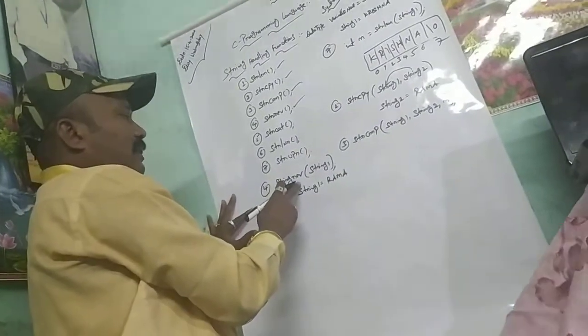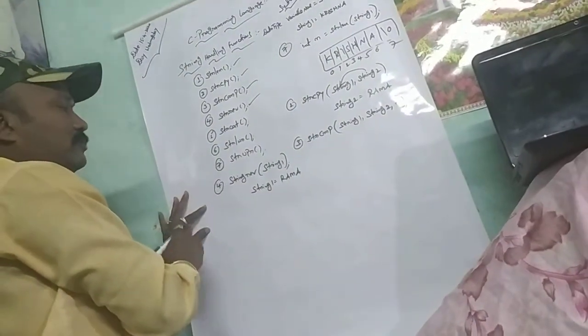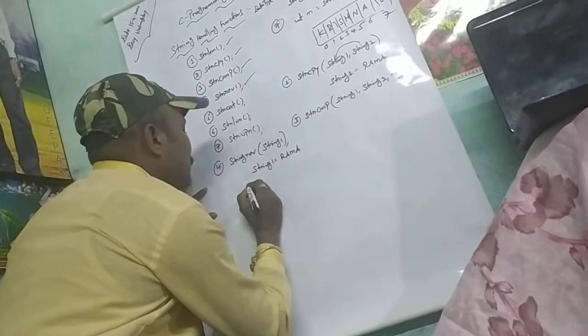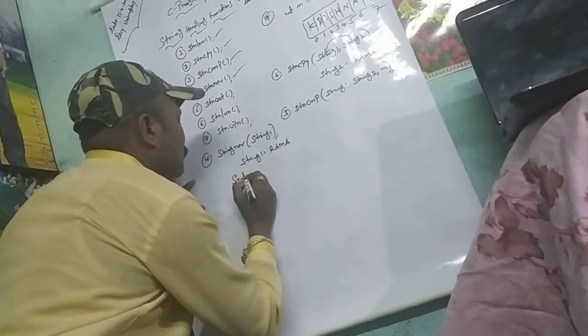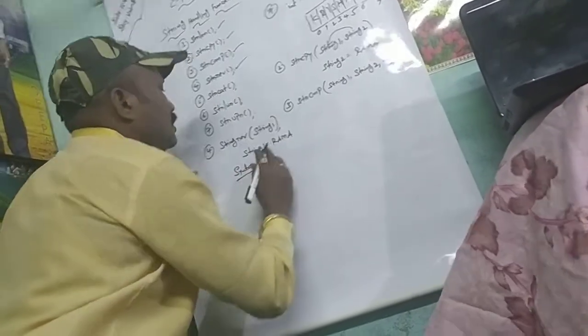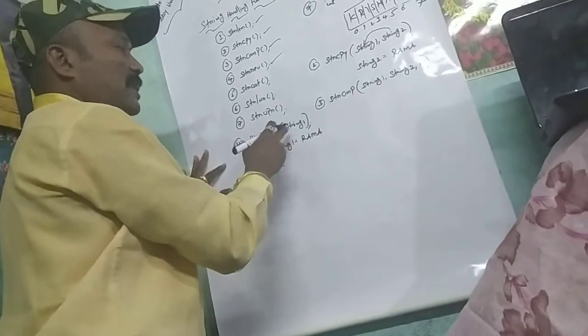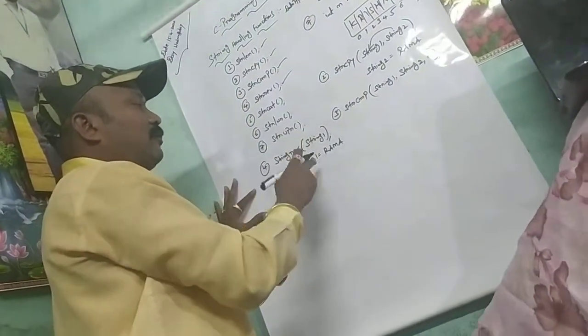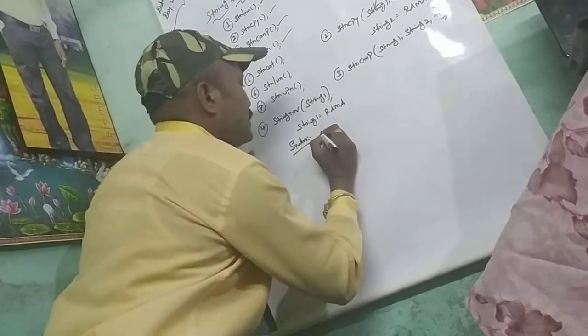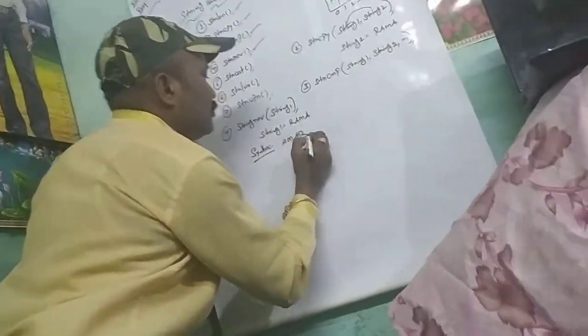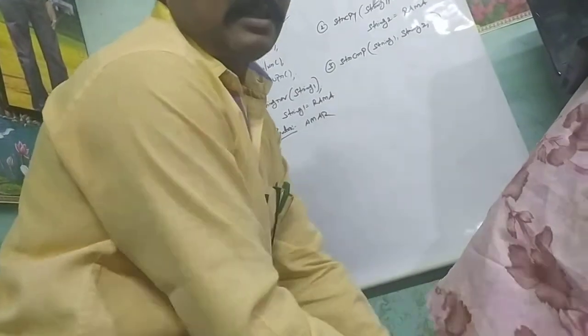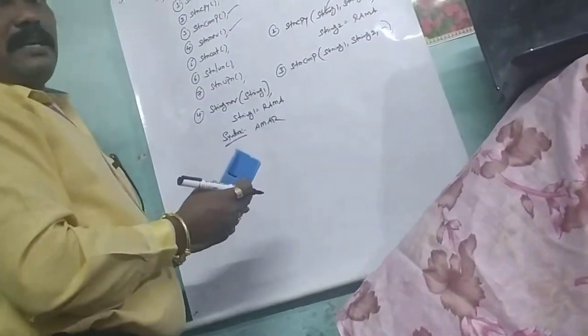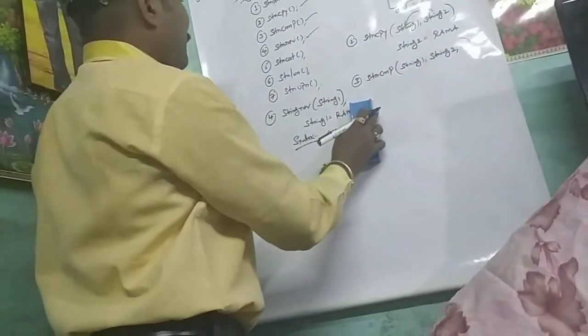Whenever we are using string reverse, what is the syntax? String reverse comma string 1. Then automatically it finds the reverse string. Now if we display string 1, what happened? It displays the reverse string, that is AMAR. That is string reverse. Just reverse the string.